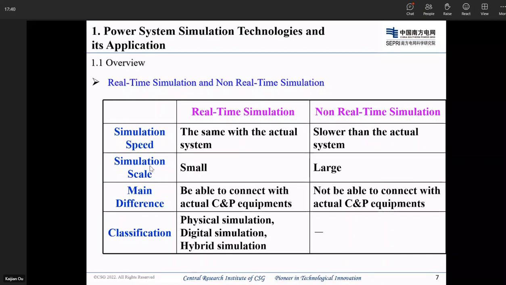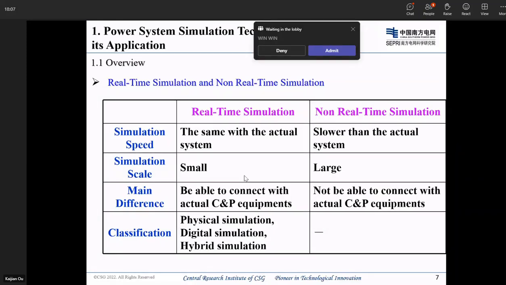And for simulation scale, because it must be real time, real time simulation can only simulate a very small power system. For non-real time, we can simulate a large power system.